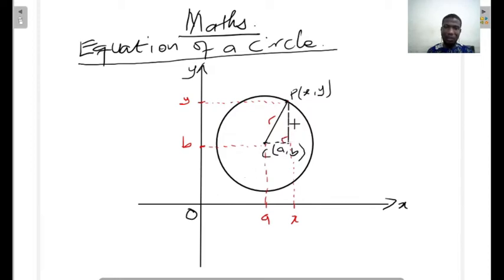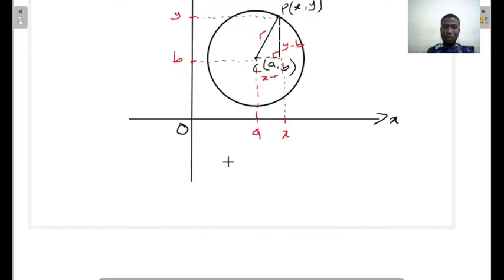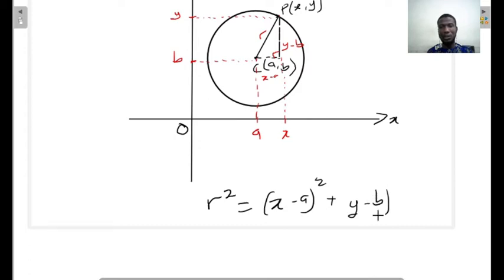Here, this part of the triangle is going to be Y minus B, and then this part is going to be X minus A. Using Pythagoras theorem on this triangle, you are going to have r squared, which is the square of the hypotenuse, being equal to (x minus a) all squared plus (y minus b) all squared. And this becomes the standard form of this equation of a circle.